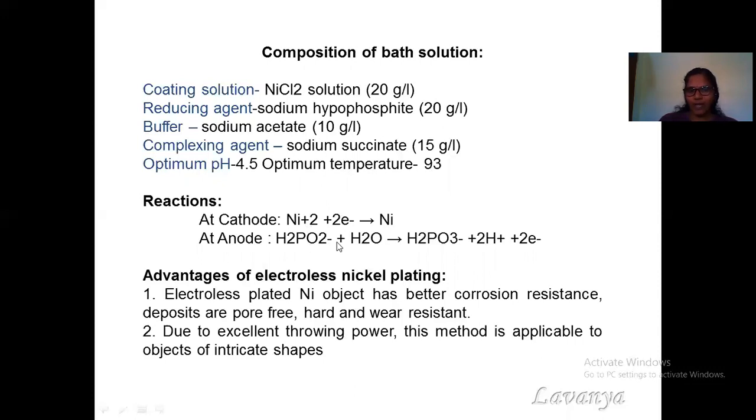At the anode, upon reaction with water, it releases two electrons, and the two electrons move towards the cathode and are accepted by the nickel ion, producing nickel. Electroless plated nickel objects have better corrosion resistance, the deposits are non-porous, hard and wear resistant, and this method is applicable to objects of different shapes.